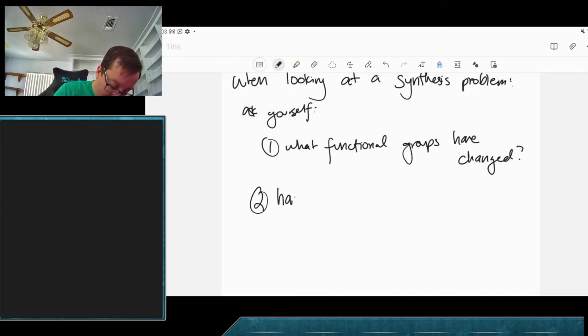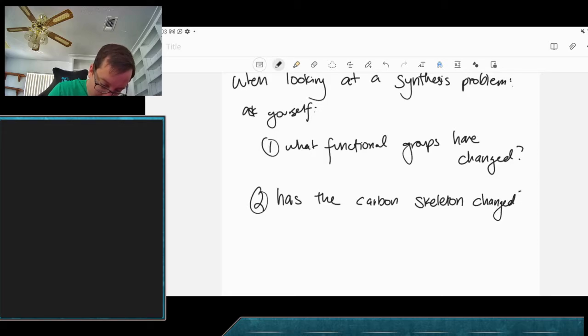And then the other part to consider is, has the carbon skeleton changed? And that's going to be, have we added carbons? Have we removed carbons?